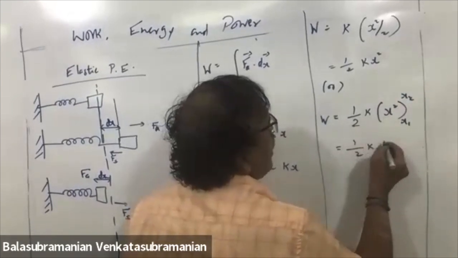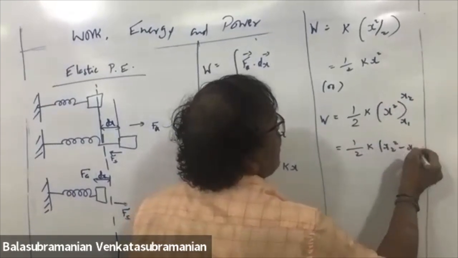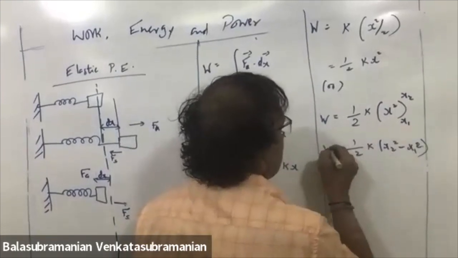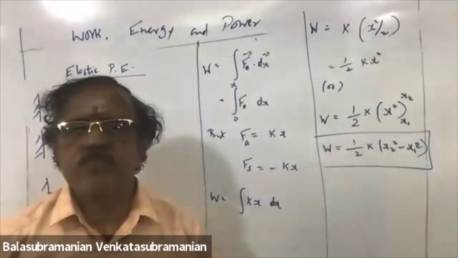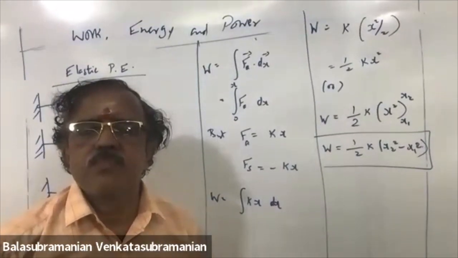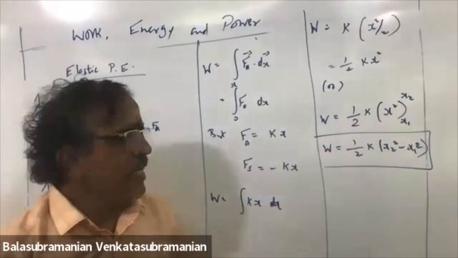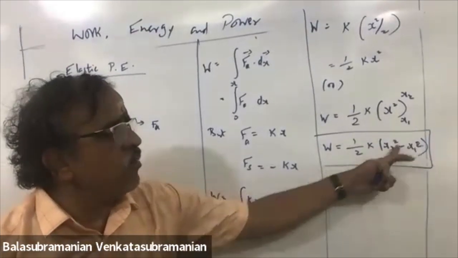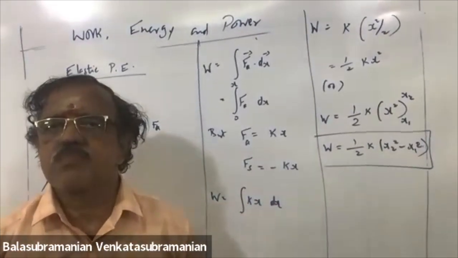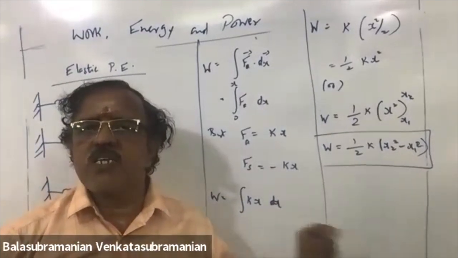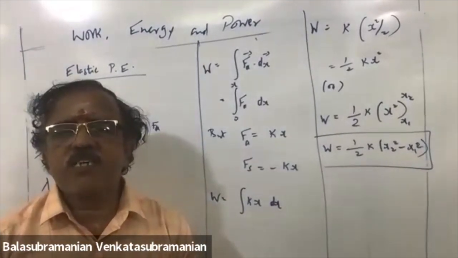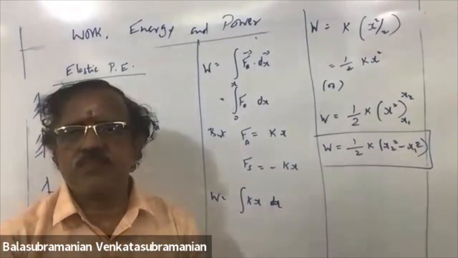So half k (x2 squared minus x1 squared), initial x1, final x2. This is called elastic potential energy in the case of a spring mass system.